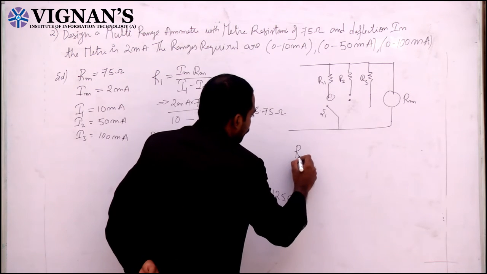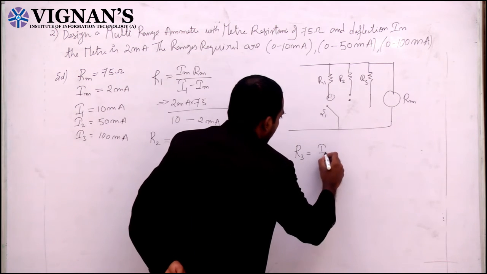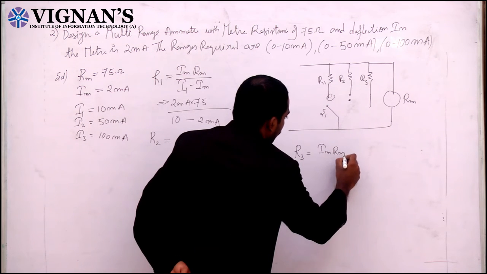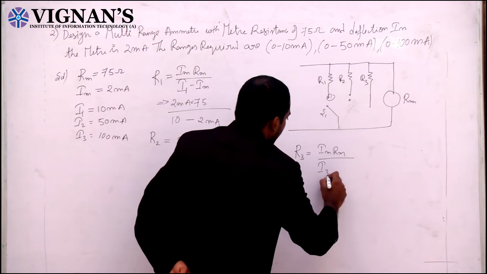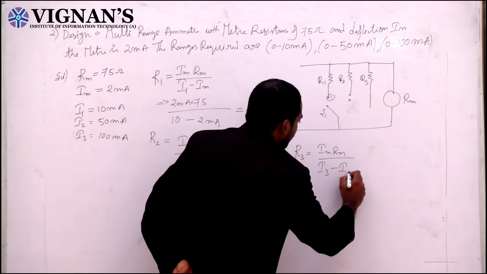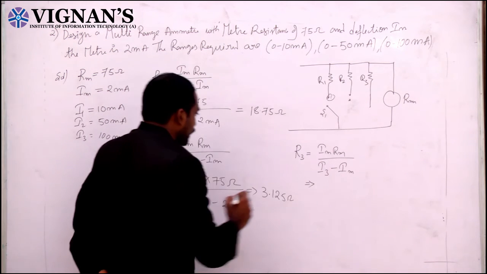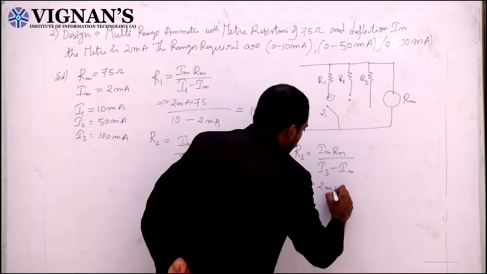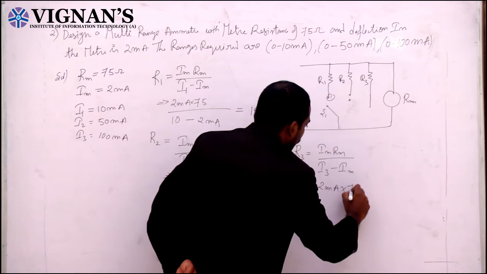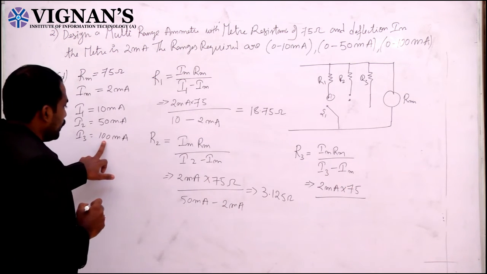Now see, what is the formula for R3? R3 is equal to Im Rm by I3 minus Im. So substitute these values, you will get Im again 2 milliamps into Rm value is 75 ohms by I3 value is 100 milliamps in this case.